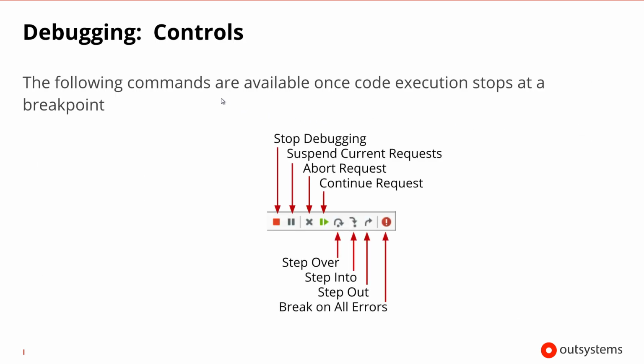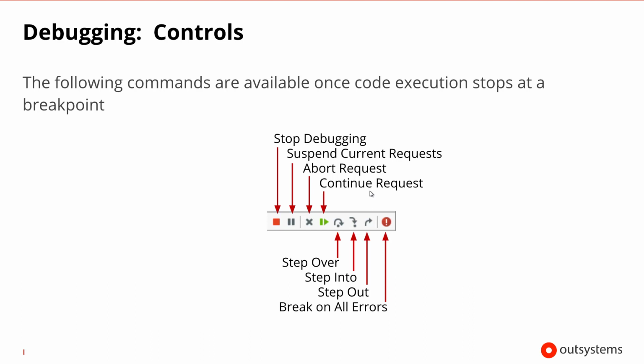Now, once we've begun debugging, we want to control the flow. And at different times, we may wish to stop debugging. We may wish to suspend the current requests that we're working on or abort those requests. Or we may just want the request to continue until it runs into another breakpoint.